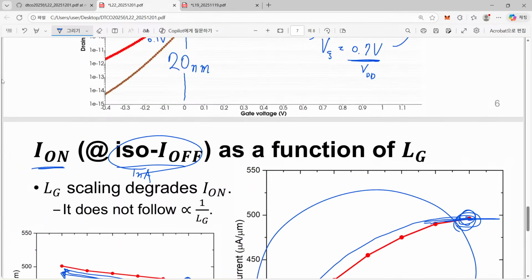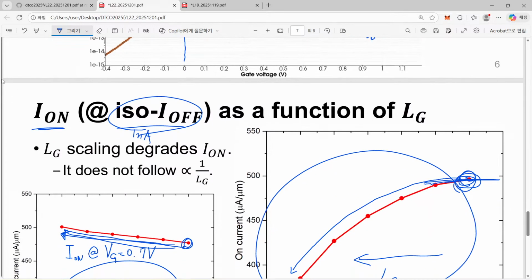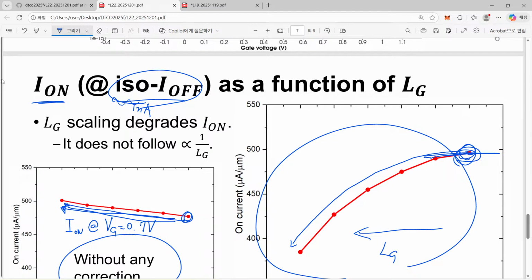So if we just keep the same off current, then the actual drivability goes really down. So that's the reason why we should not have too much scaled device. In this case, we have a certain limit of our short channel immunity, and that's the reason why our CPP has a certain minimum value.